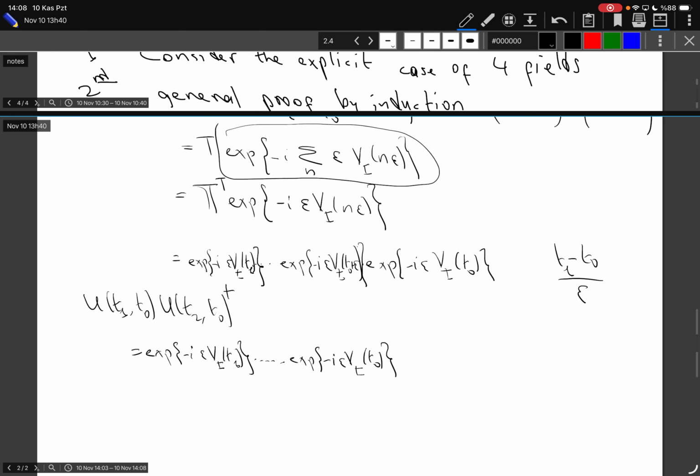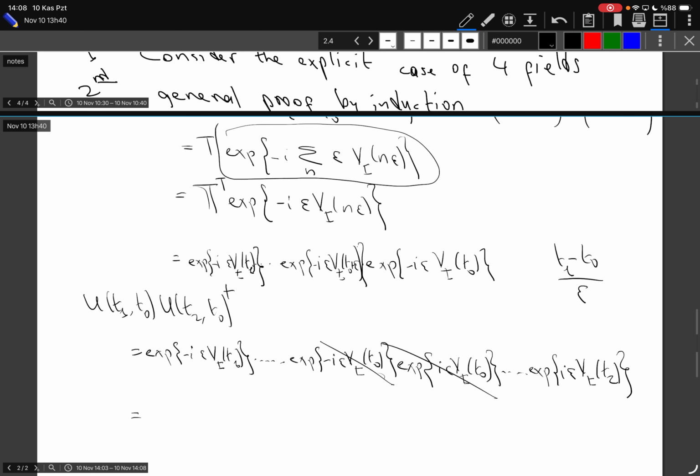So that will give me exponent i epsilon V_I of T0, exponent i epsilon V_I of T2. Well, these will cancel.